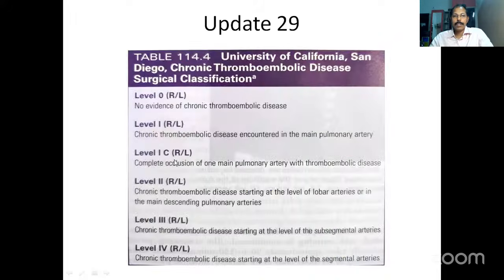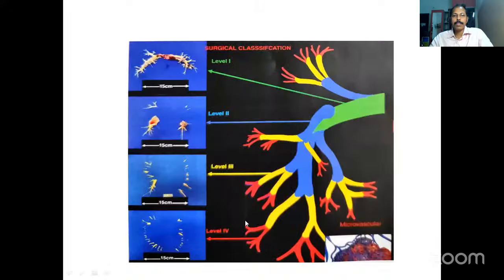You can see the level 1, the chronic thromboembolic disease burden will be in the main pulmonary artery. Level 3 is segmental level and level 4 is subsegmental level. So these are all the pulmonary artery branches, and this is the main pulmonary artery. Clear? And these are all the specimens, after pulmonary embolectomy, the specimen will appear like this.